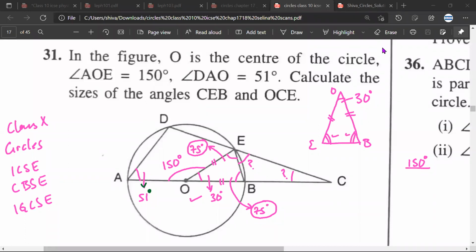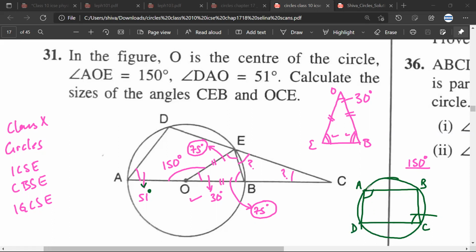So what we were saying is that if I have a circle like this, and a cyclic quadrilateral, let me name this cyclic quadrilateral.